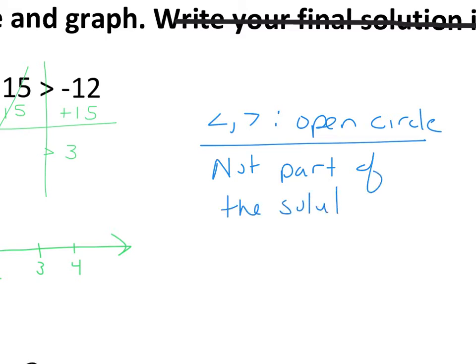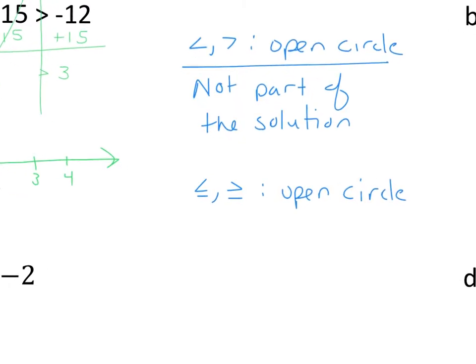So that number, where it has an open circle, is not part of the solution. Now, if it has an equal sign on it, so less than or equal to, greater than or equal to, that's going to be a closed circle, and that is going to be part of the solution.